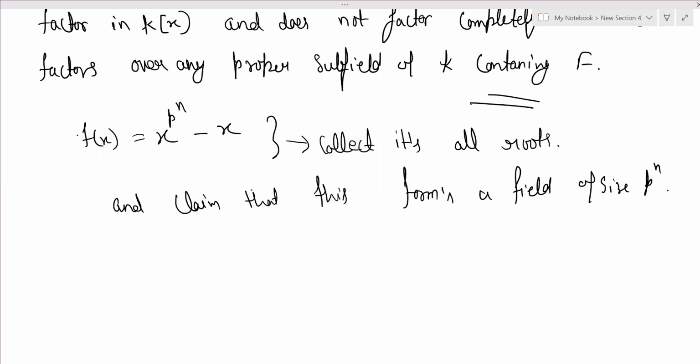I am saying collect all its roots and this will form a field of size p^n. The first question is why it should have p^n distinct roots, because I am claiming the field should be of size p^n. So have you read separability, separable polynomials and these things? Have you read this?